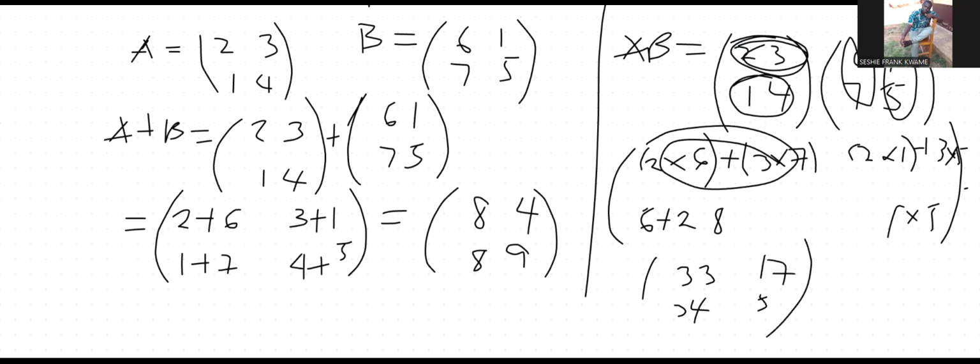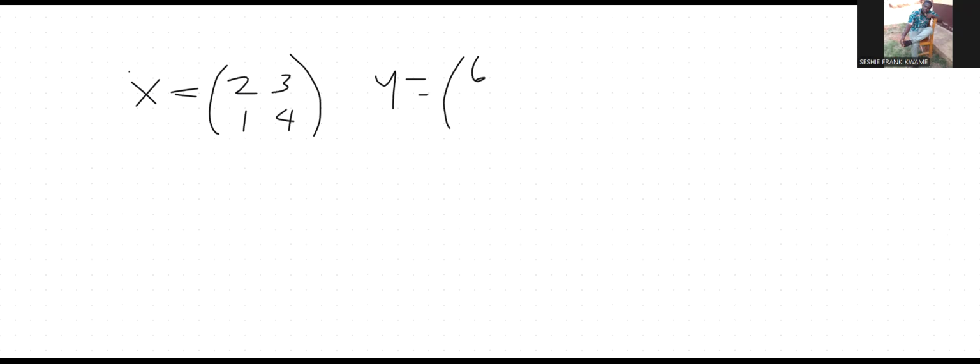So let's take matrix X to be 2, 1, 3, 4. Matrix Y to be 6, -2, -5, 4. So if you want YX, so Y first: 6, -2, -5, 4.